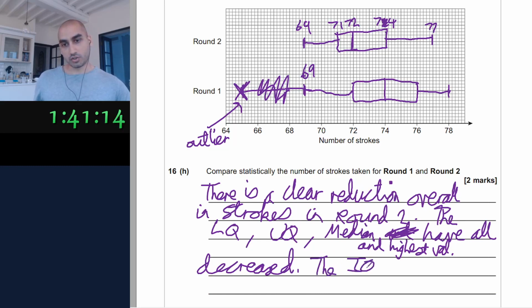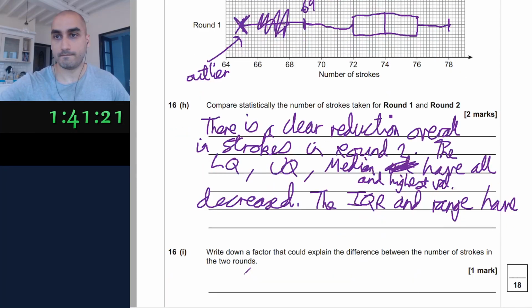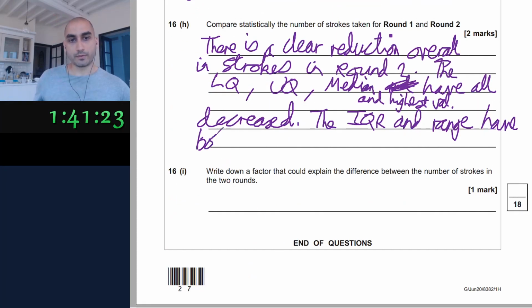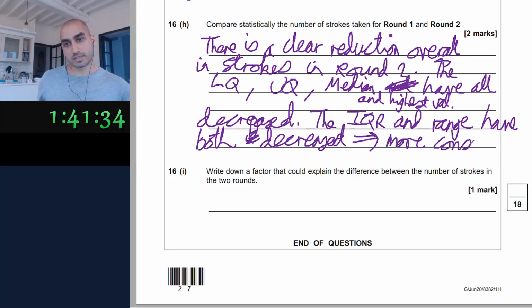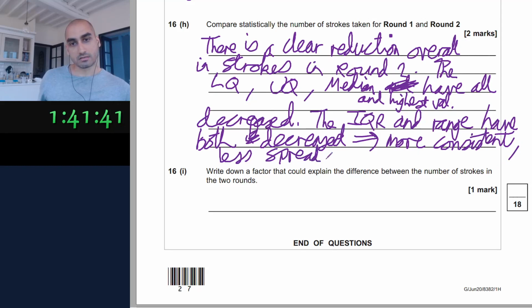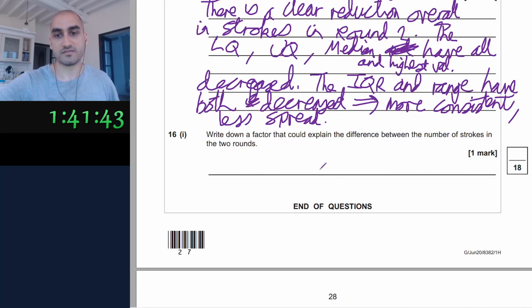The IQR and range have both decreased, which implies more consistent, less spread. Write down a factor that could explain the difference between number of strokes in 2 rounds.